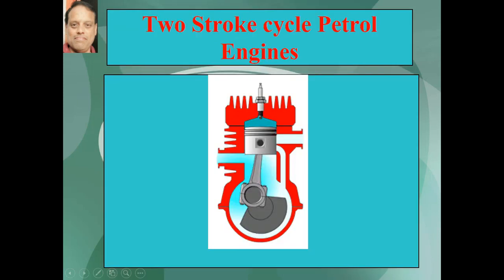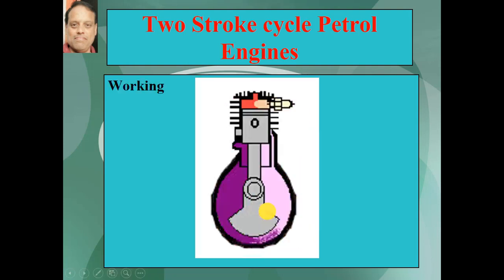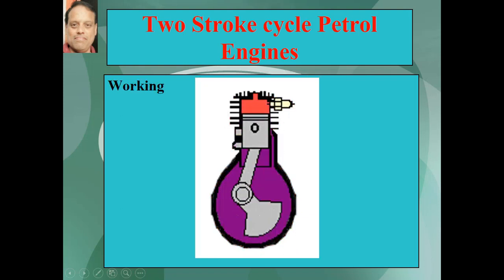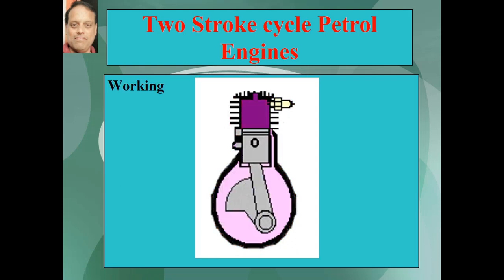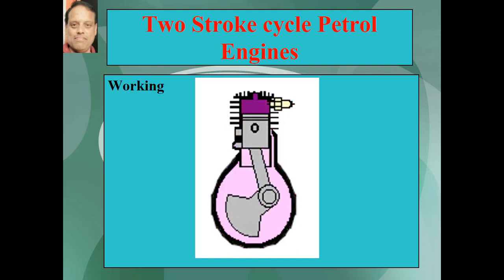This is the normal cycle of a petrol engine operating on a 2-stroke cycle. You can see the working of the 2-stroke cycle petrol engine with 2 ports, input of the fuel from the inlet port and outlet through the exhaust port.